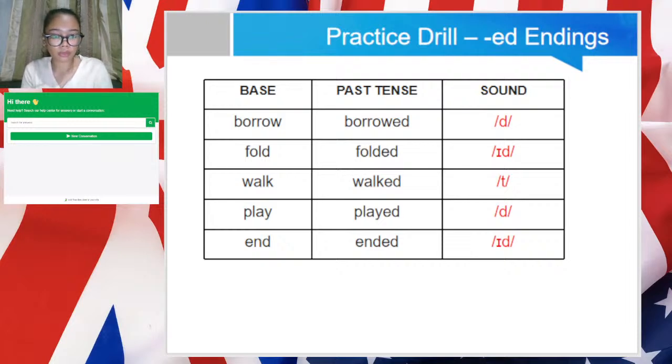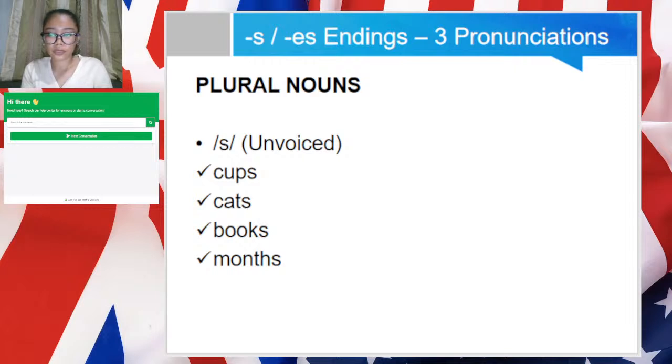All right. We shall move on to another one. We have the plural nouns, where we use the suffixes s or es. Again, s or es. Although this is not only on plural nouns, it can also be used for what we call third person singular present simple verbs.